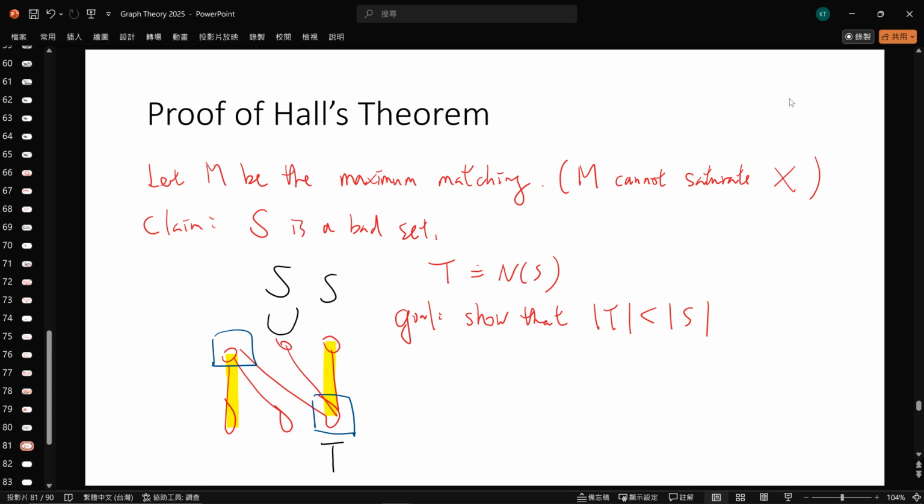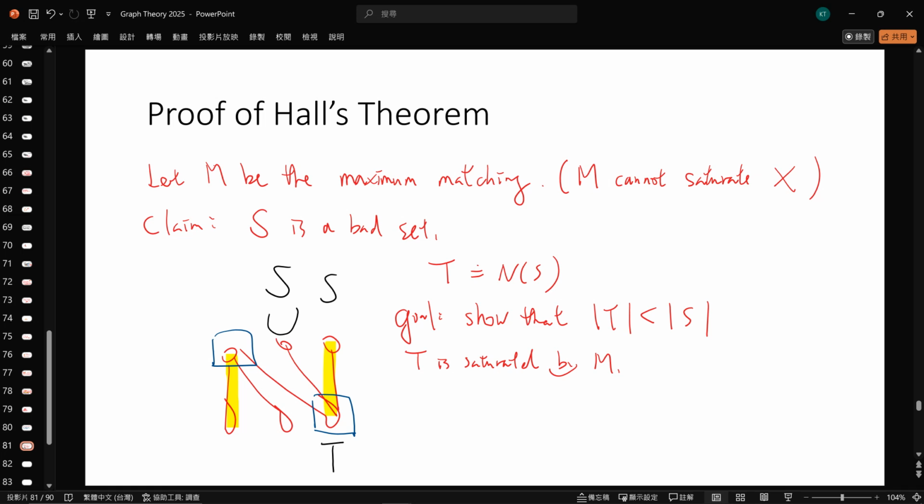if you recall, the reason that we can have these vertices in T is because we can reach them by alternating paths, okay? And this is a maximum matching. So all the vertices in T are saturated, because M is a maximum matching.